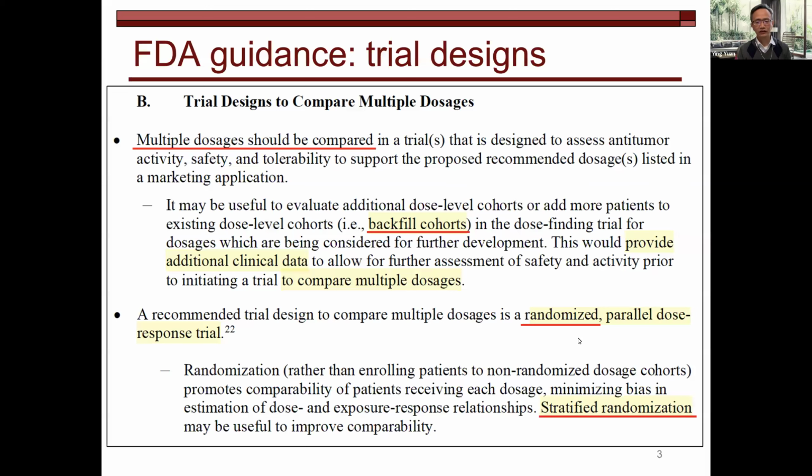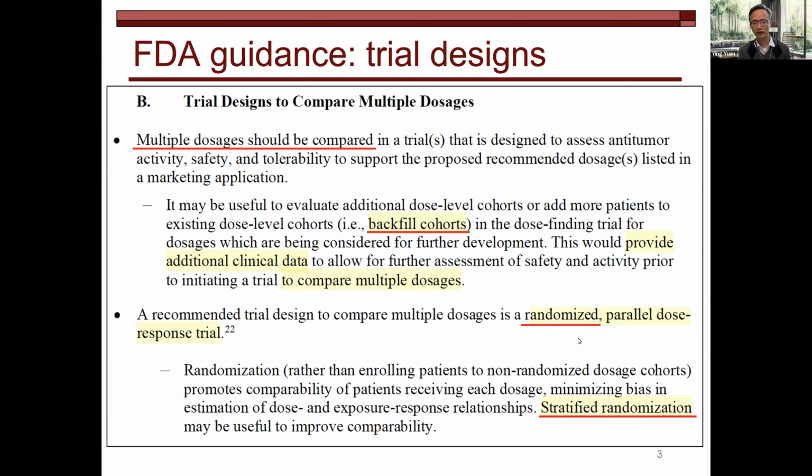And FDA guidance discussed some potential approaches to address this challenge. And two strategies discussed in the guidance are backfill and randomization. And that's the focus of today's talk.